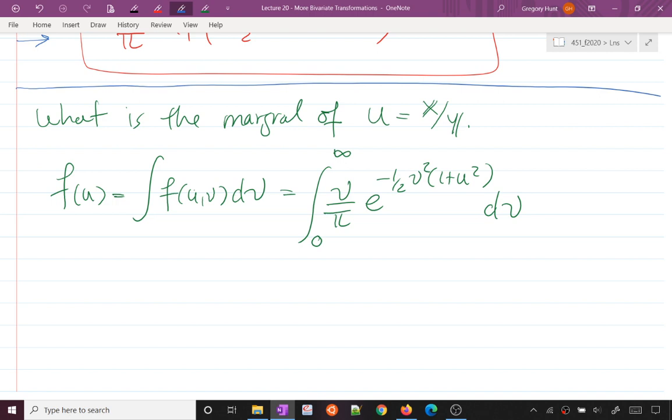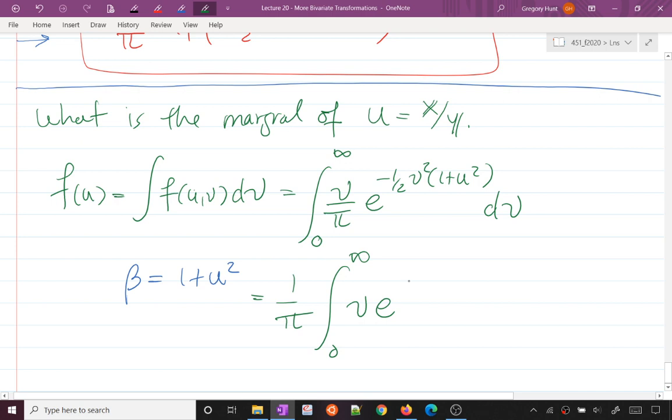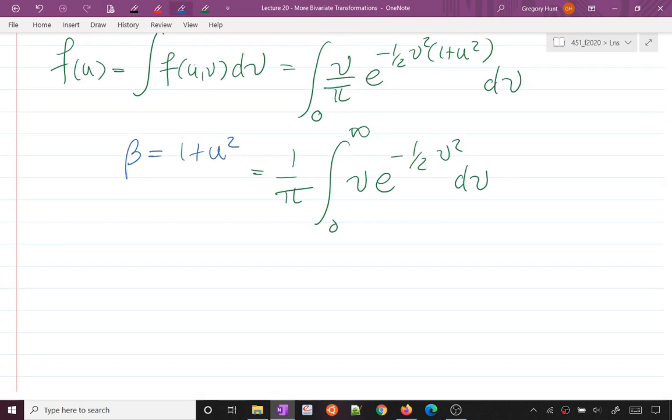If I simplify things, so first of all, let's just call beta 1 plus u squared. U is not what we're integrating against. In that case, certainly I can pull the 1 over pi out of my integral. I'll be left with the integral of v e to the negative 1/2 v squared dv. Now this is a classic u substitution problem.